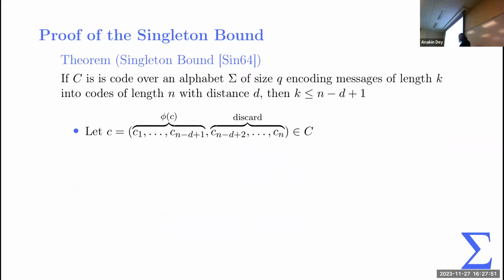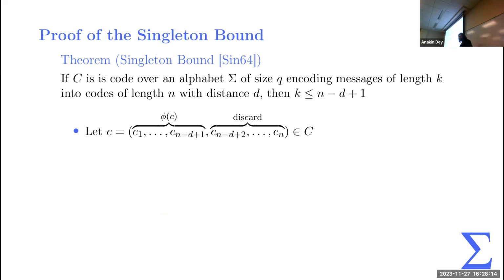The proof isn't too bad, right? If we take some code word c in C, it's going to be of length n. I'm going to keep the first n minus d plus 1 symbols of the code word, and I'm going to call that phi of c. We're going to discard the rest.